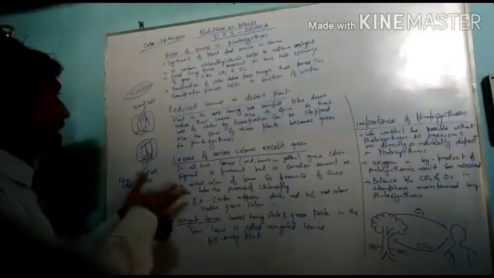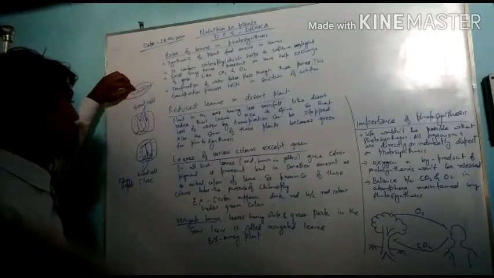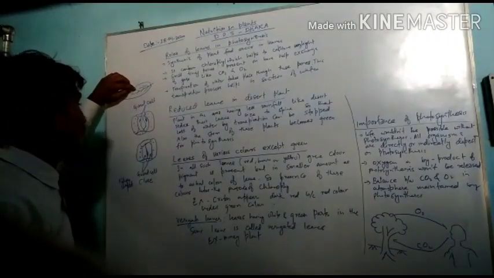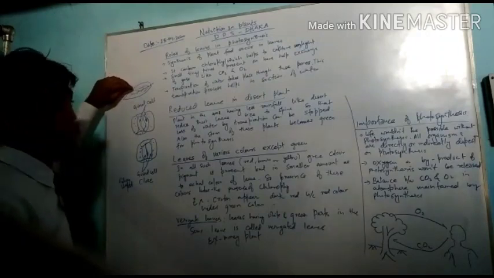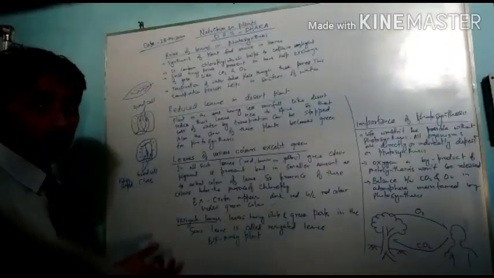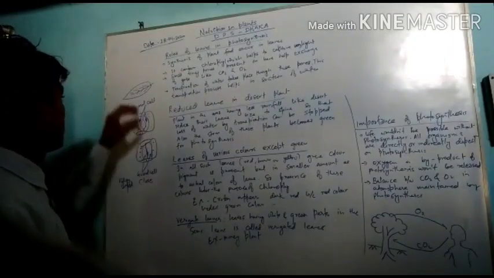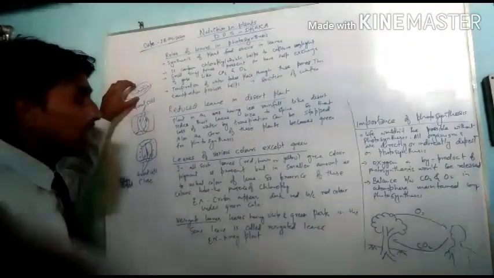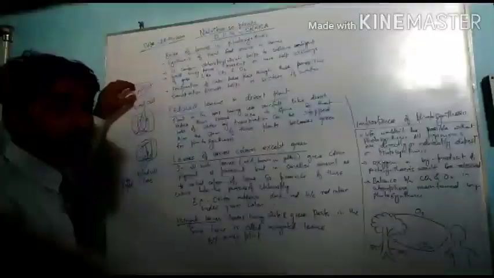So transpiration is also necessary, because when the evaporation of the water takes place through these small pores, the water is sucked up into the leaf through the root from the soil. So this transpiration process occurs through the stomata, through these small pores.